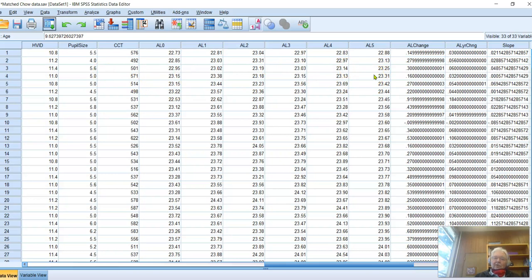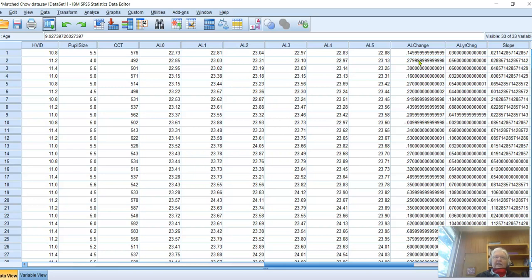What people generally do not do, but they should do, is, even though they look at this axial length change, they still put in baseline as a covariate. But the units of the analysis, when we look at expected mean squares and such, are going to be in this change from baseline to follow-up.